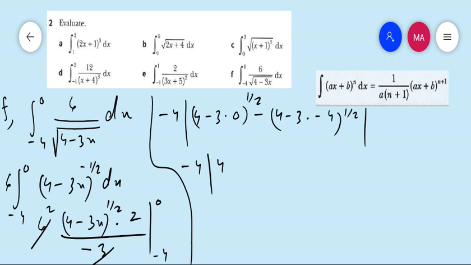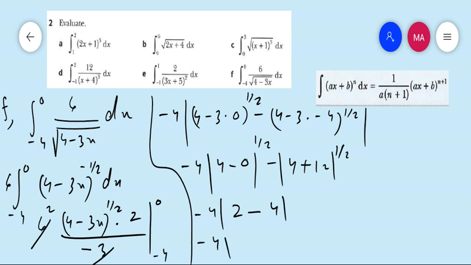So 3 zeros are 0, half, minus 4 minus minus plus 3 4s are 12, half, minus 4, 4 power half is 2, minus 12 plus 4 is 16, 16 power half is 4, 2 minus 4 is minus 2, 4 2s are 8, minus minus plus. This is the answer of part F.